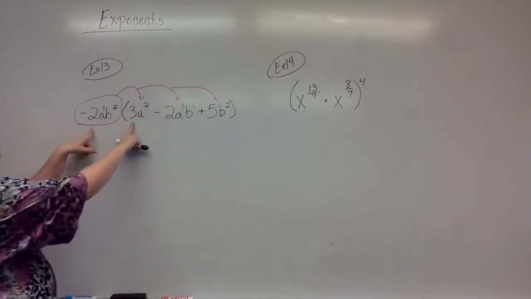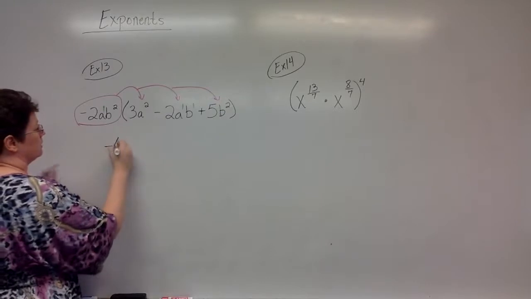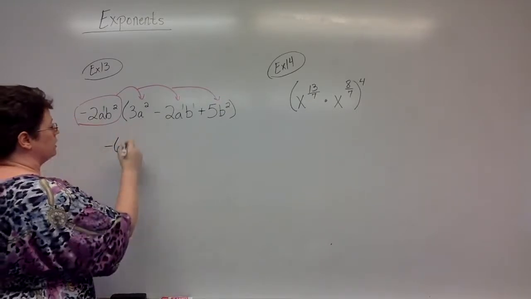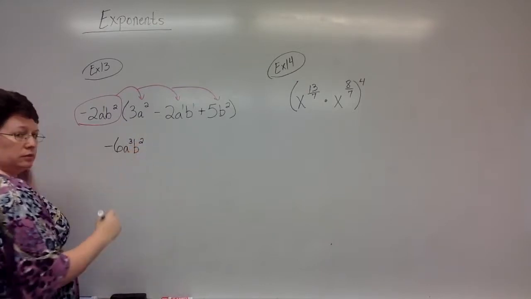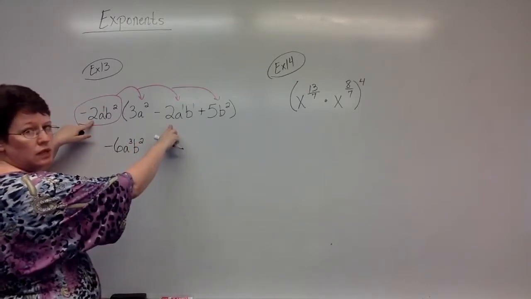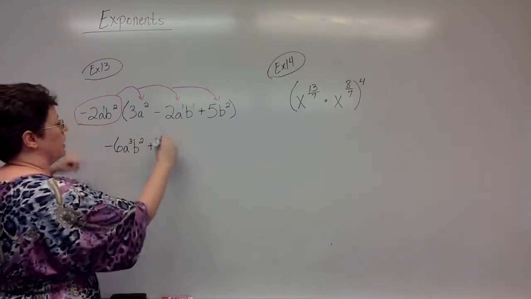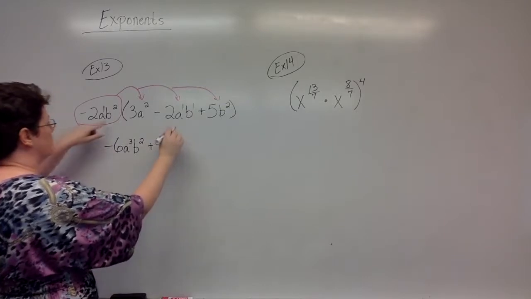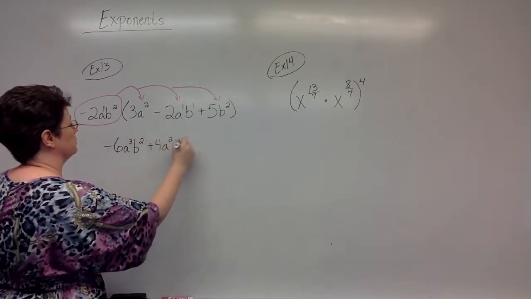Okay, so negative 2 times 3 is negative 6. 1 a and 2 a's makes 3 a's. Tack on the b squared. Not a big deal. Okay. Negative 2 and negative 2, positive 4. 2 a's, so it becomes a squared. 2 b's, 1 b gives me 3 b's.